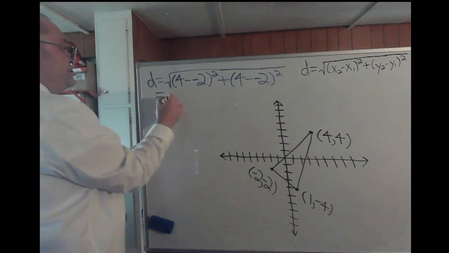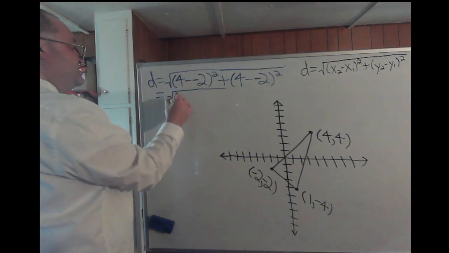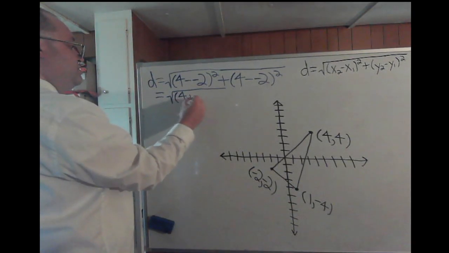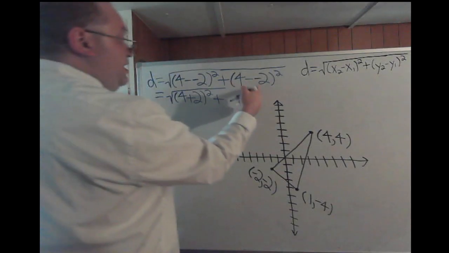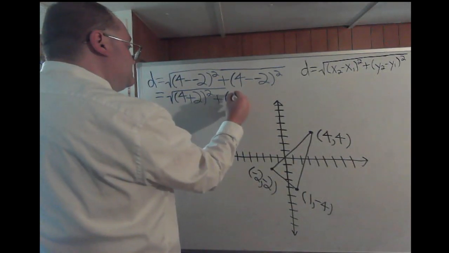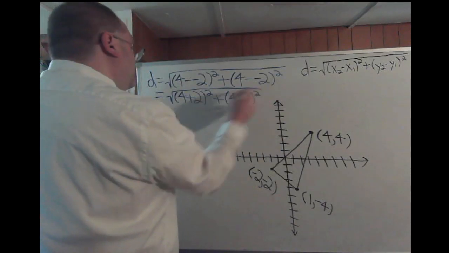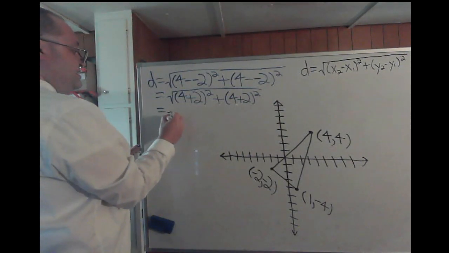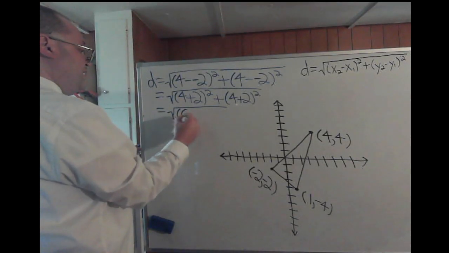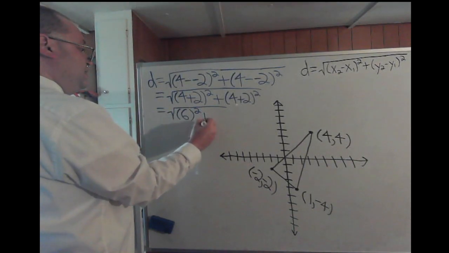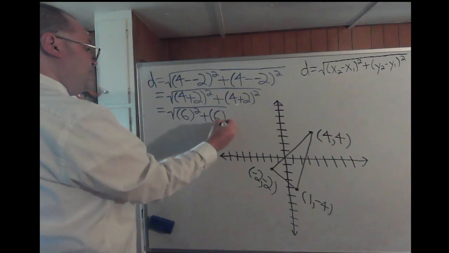Well, let's simplify the parentheses a little bit. 4 minus -2 is the same as 4 plus 2. You have 4 plus 2 to the second power, plus, again, 4 plus 2 to the second power. Alright, now let's work in the parentheses under the square root. 4 plus 2, well, that's just going to be 6 to the second power, plus 4 plus 2, again, that's 6 to the second power.